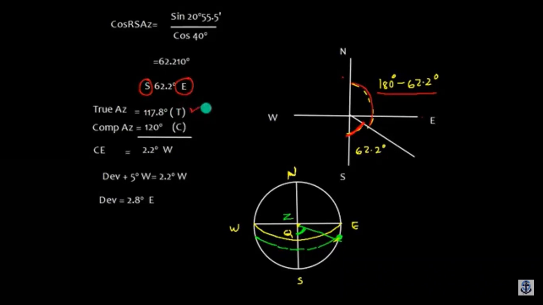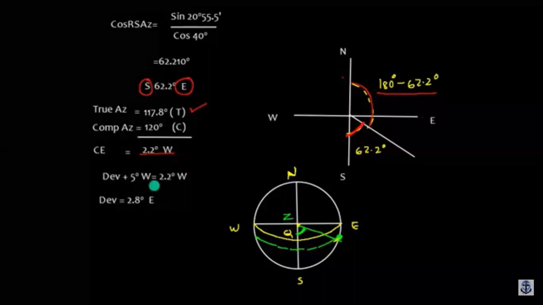The compass azimuth is given as 120 degrees, so compass error is 2.2 degrees west, and we have the variation. Deviation plus variation is compass error, so our deviation is 2.8 degrees east. That is the answer we needed to find.